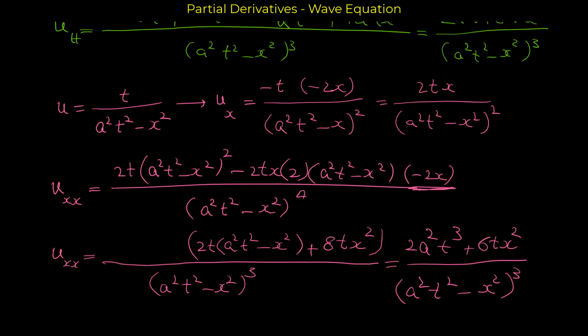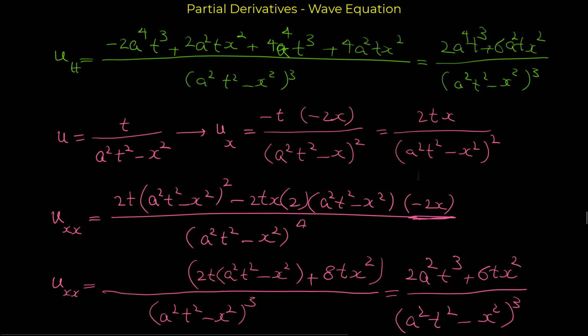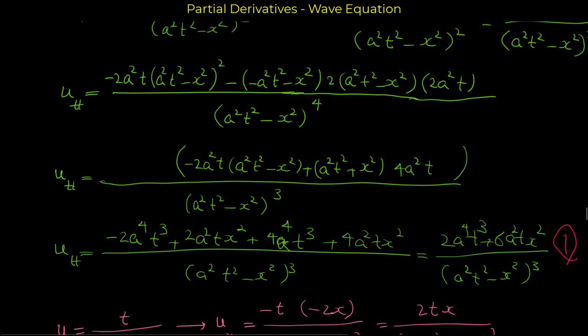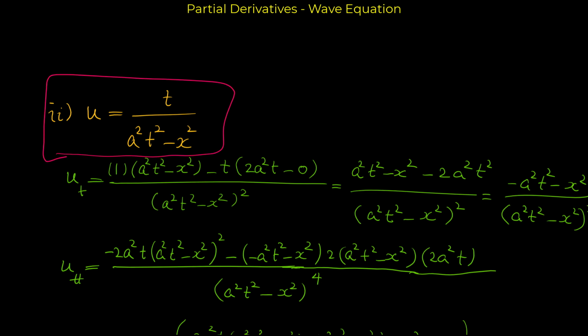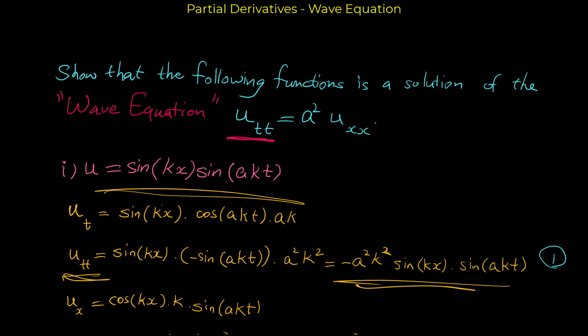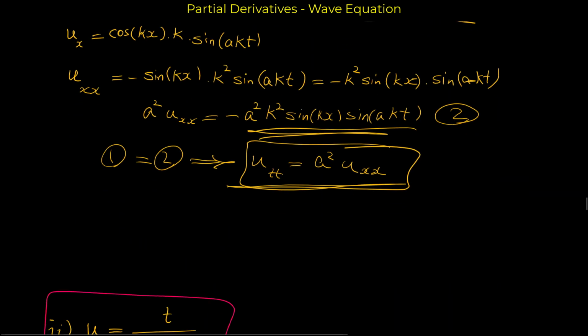Now, please pay attention. Let's compare this equation that we have here, equation 1, with equation 2. We wanted to prove what? We wanted to prove that this function here is a solution for this differential equation, the wave equation. The second derivative of u with respect to t is a^2 times the second derivative with respect to x.